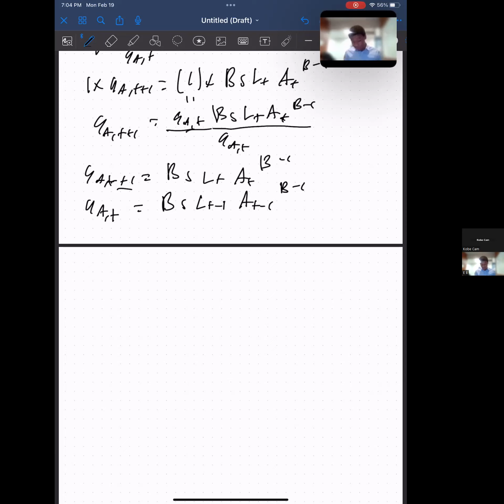Another way to think about it is, if we're trying to find the growth rate for a certain time t plus 1, we look back and ask what the labor population is, and what our technology is at the time before that one. We do the exact same calculations for the growth rate of t, except we're looking one step backwards at t minus 1 as opposed to t. Okay, how does that help us?